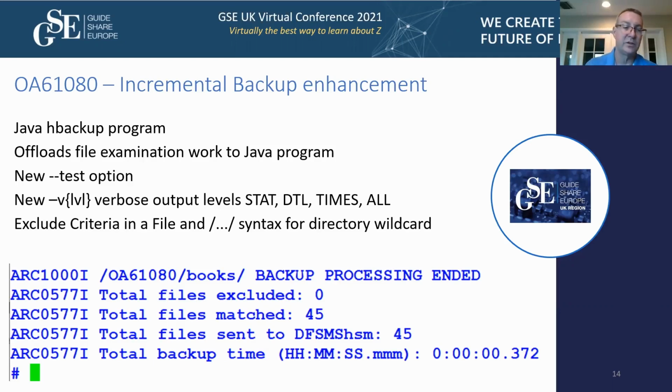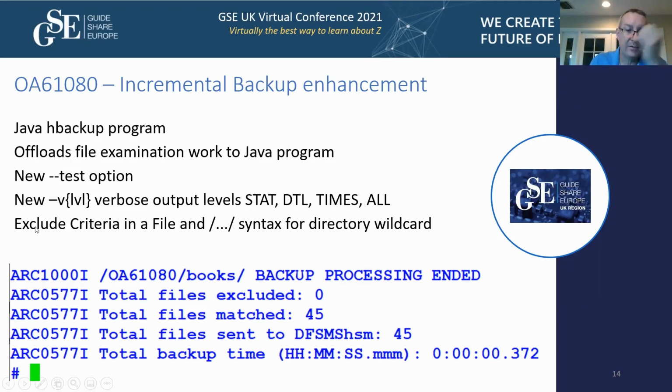Stat is for statistics, which are these ARC577 messages, telling you how many files it excluded, how many it matched, how many it actually sent to HSM, and also the runtime of the Java program as it looked at all the files and waited for HSM to finish backing them up. The detail level tells you details about each file that it found. The times level gives you timestamps on all the messages, and the all level tells you what options were on the command and everything that I could possibly put out.